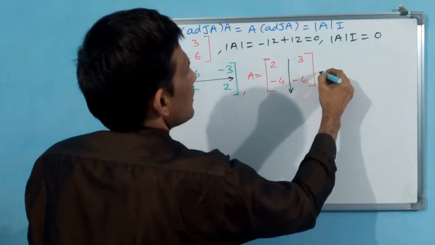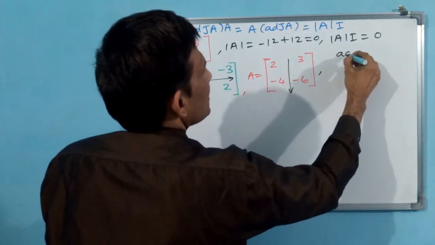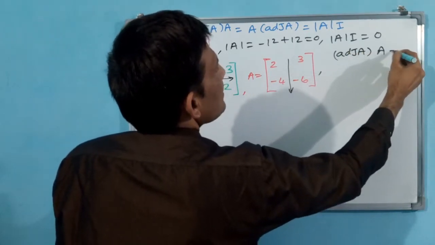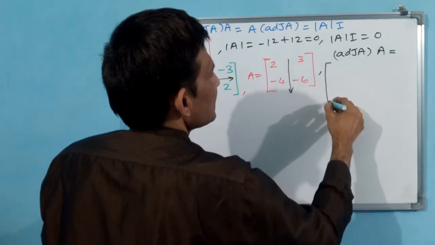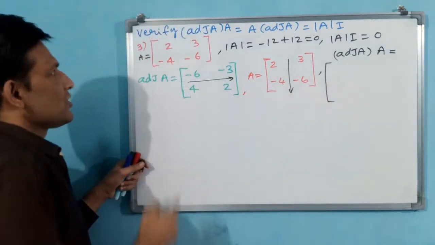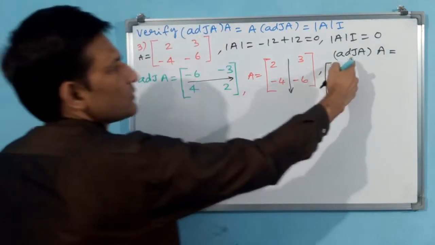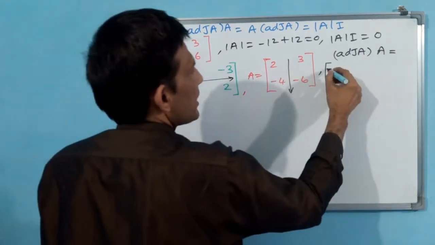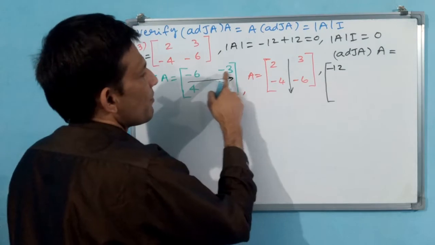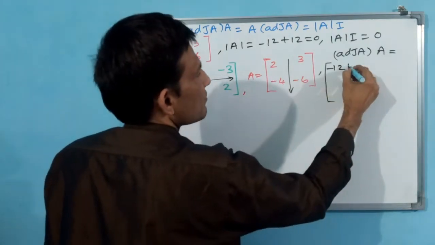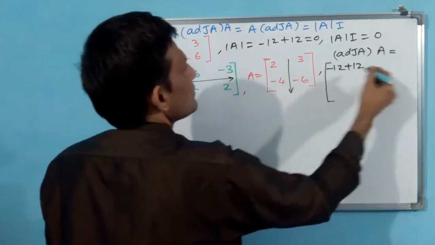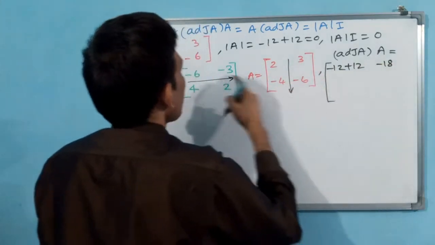Now I am writing adjoint A into A is equal to, I am doing this calculation here. Minus 6 into 2, minus 12. Minus 3 into minus 4, plus 12. Now minus 6 into 3, minus 18.